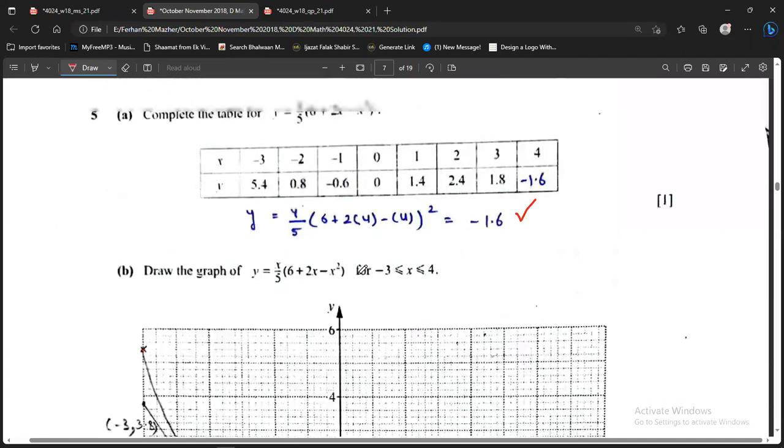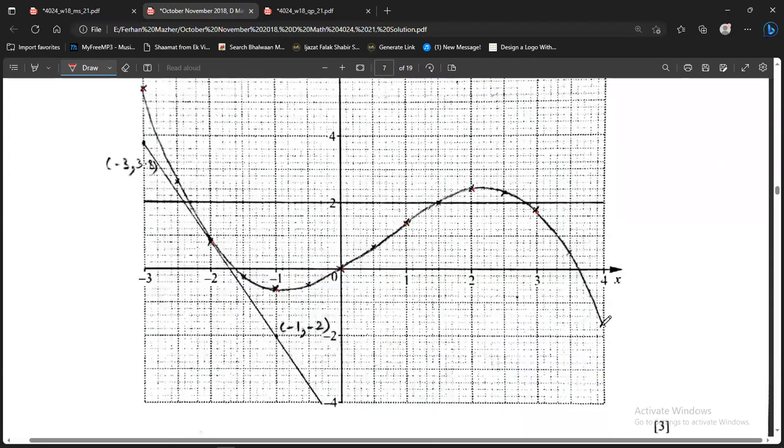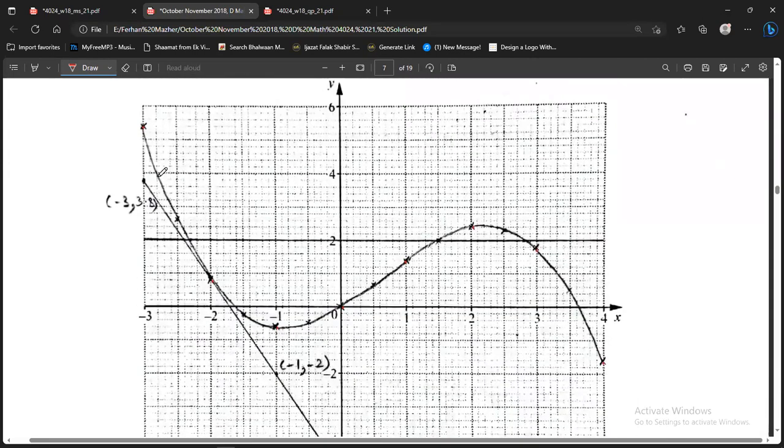And then at 4, you have minus 1.6. And that is this point. Okay. So we will join these points with a smooth curve. And that will be something like this. It's like a wave.